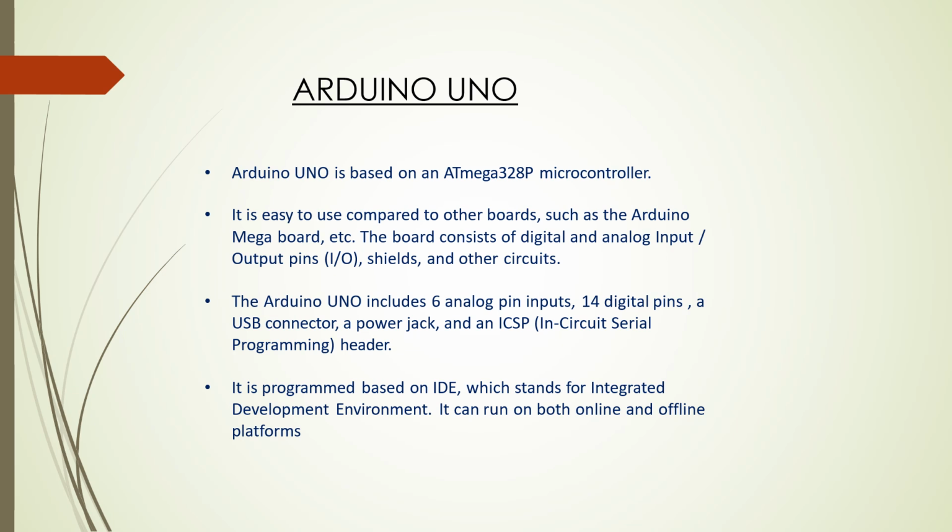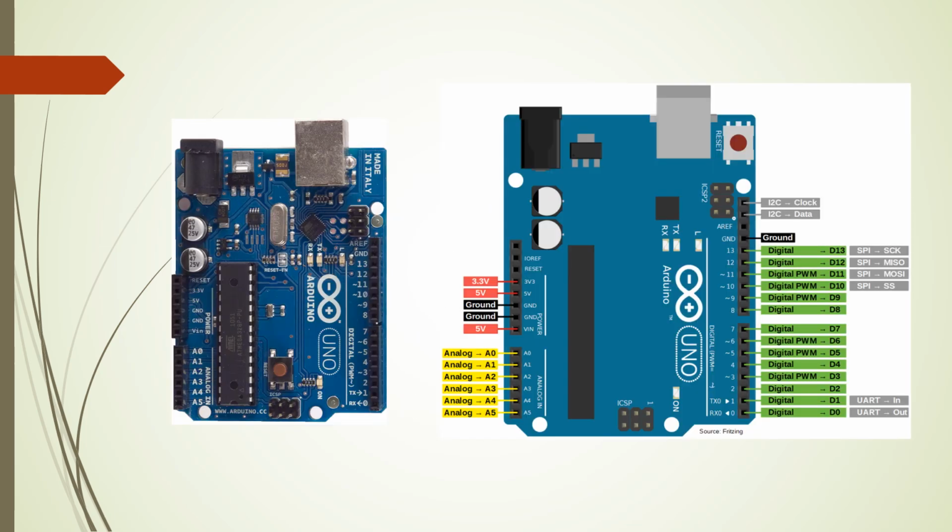The board consists of both digital and analog input-output pins, shields, and other circuits. Arduino Uno includes 6 analog inputs, 14 digital pins, a USB connector, a power jack, and ICSP, the in-circuit serial programming header. It is programmed using the IDE, which stands for Integrated Development Environment. It can run on both online and offline platforms.